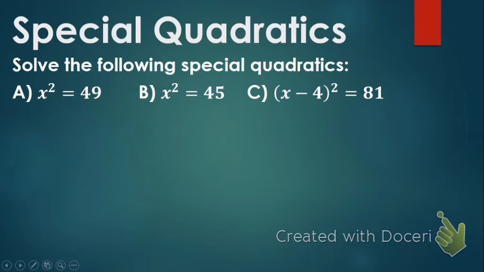None of these are equal to 0. In the first two, though, I only have x squared and then equals a number, right? I can use order of operations here. I don't have to use quadratic formula or factoring to solve these. I can use what I know about order of operations.